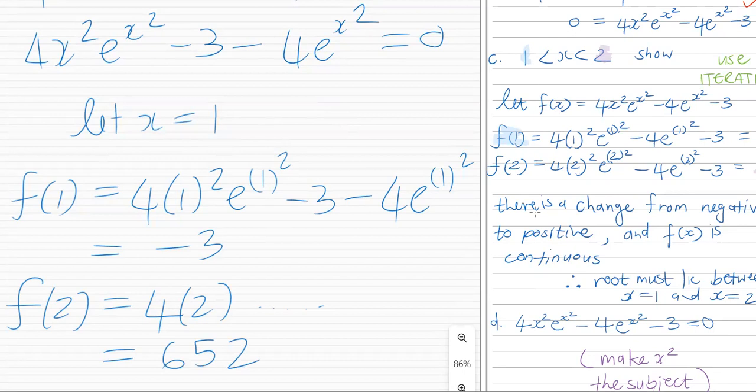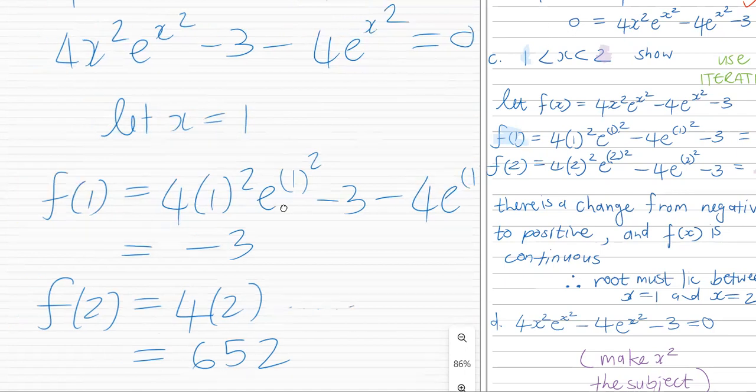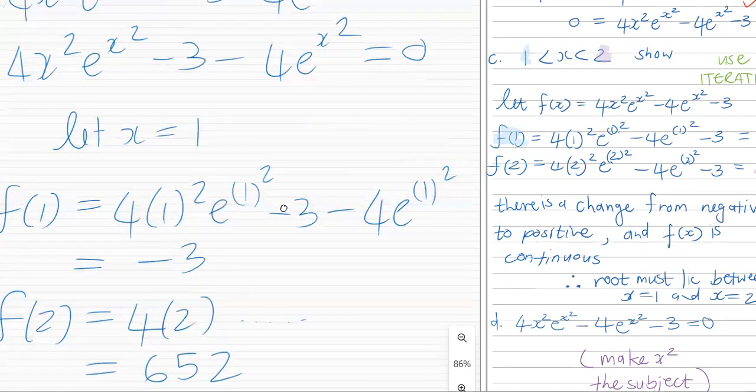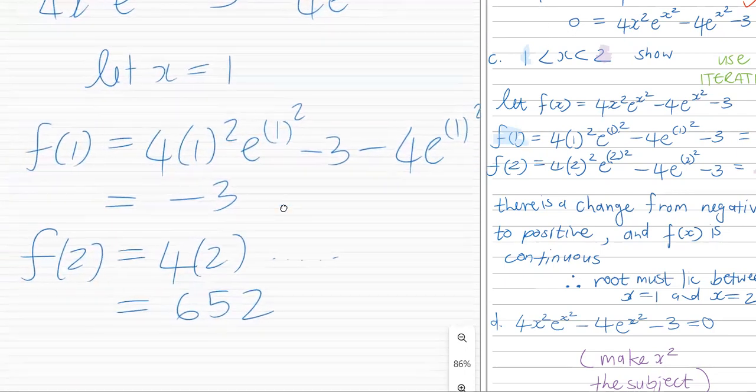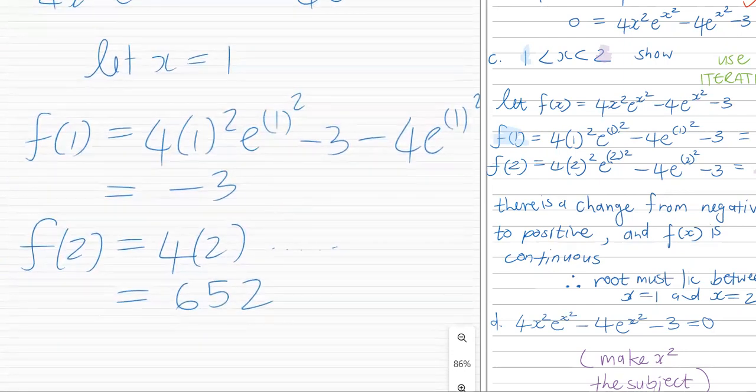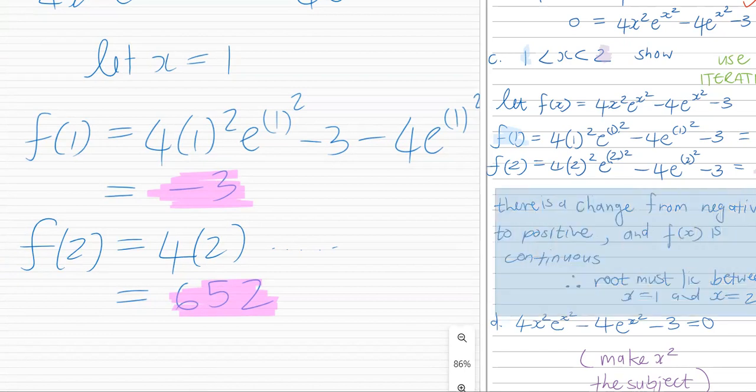And the question was to show that our value lies between the two numbers. So showing that our A value lies between 1 and 2. And the way that we know this is that the sign will change. So the sign was negative and the sign is positive. You can't just write this though. There's a requirement that you need to write something down.